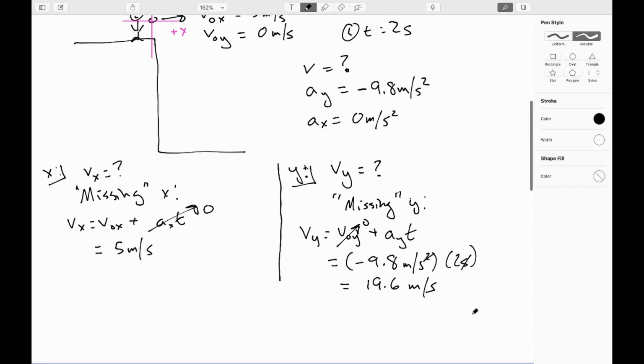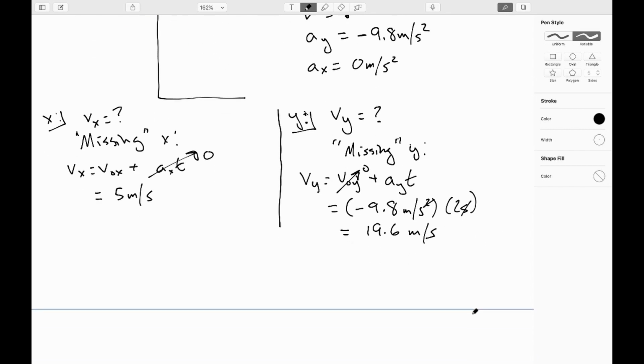All right, so now we're almost done. What I've found, whoops, my bad, minus sign. So what we found is that the velocity looks something like this, where v x is 5 meters per second and v y is minus 19.6 meters per second.